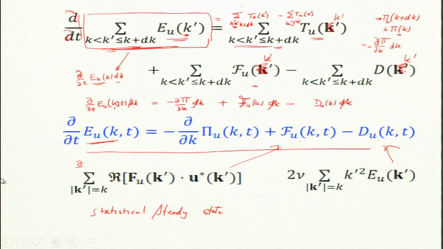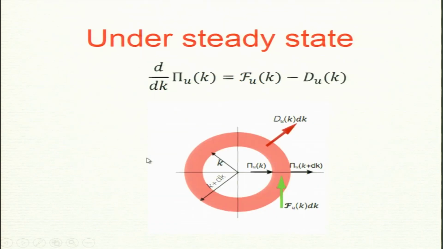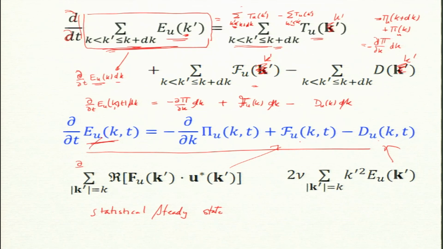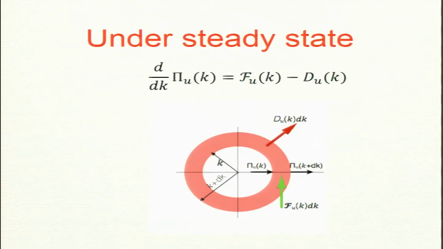Okay. So, let us look at what happens in statistical steady state. My dy/dt is gone. Let us go back to this equation once more. So, dy/dt is gone, and I can take this to the left hand side. So, dΠ/dk is F_u minus D_u for any k. Now I dropped the partial, this is total because there is no time.